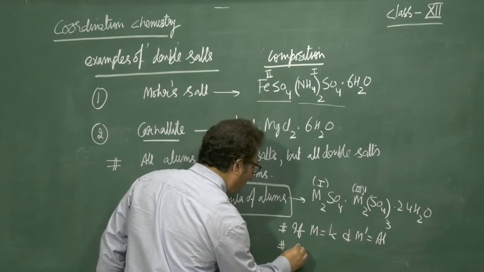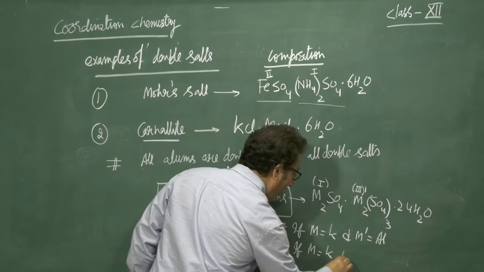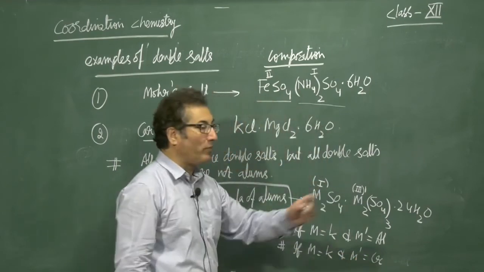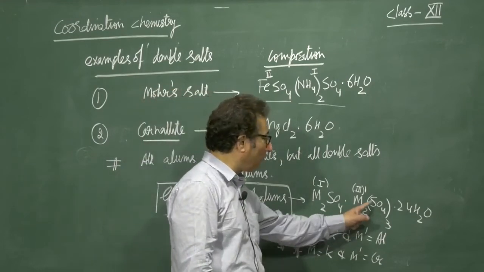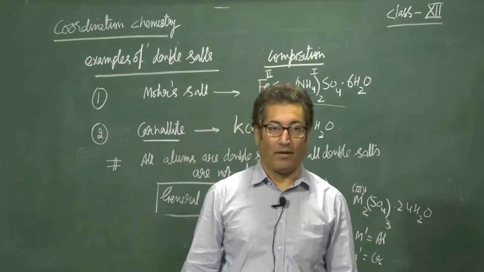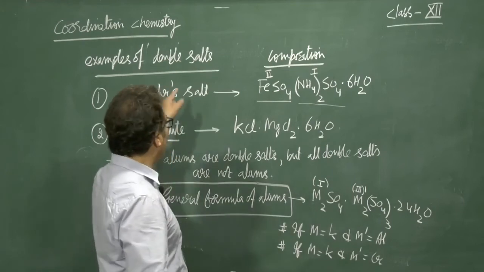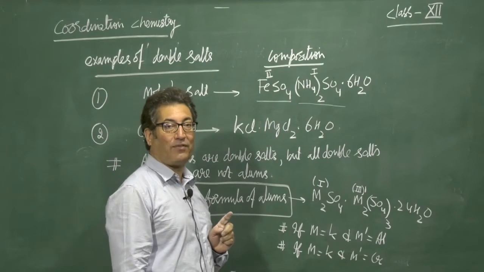If M is equal to potassium and M dash is equal to chromium, then you call it chrome alum. What will be the formula? It will be K2SO4, Cr2(SO4)3, 24 times water of crystallization. Therefore, all double salts cannot be classified as alums.